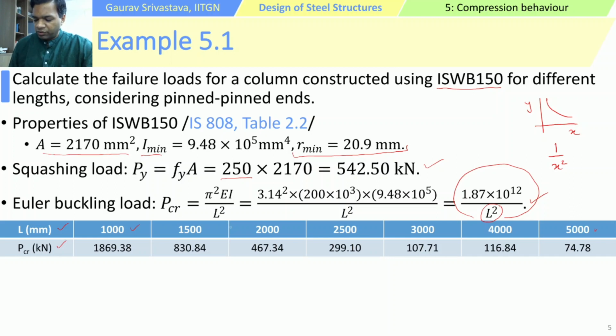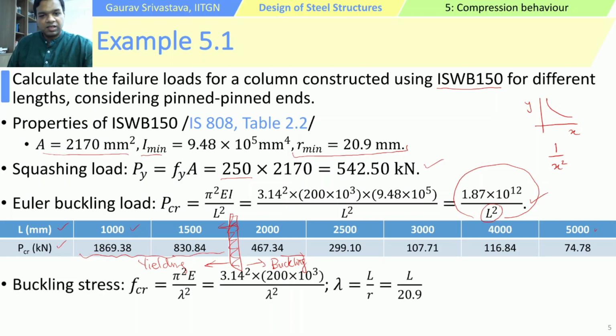So what it means is that somewhere in between here, between 1500 and 2 meters, so between 1.5 and 2 meters, the mode of failure will change, right? So below that length, the mode of failure is going to be yielding, and beyond that length, the mode of failure is going to be buckling, right? So somewhere here there is a length which is of interest. So left of this length is yielding failure, and right of that length is buckling failure, right? So depending on the length, the failure mode is going to change.